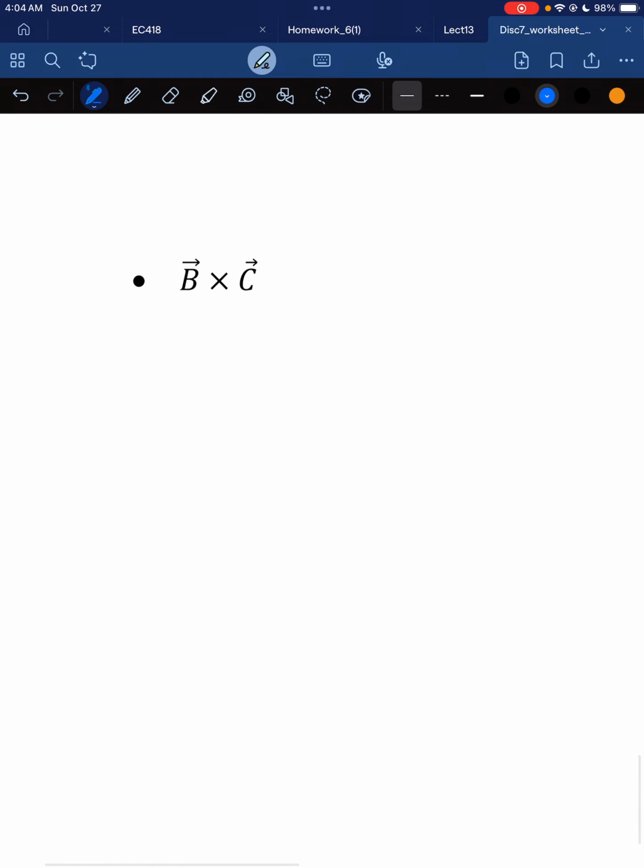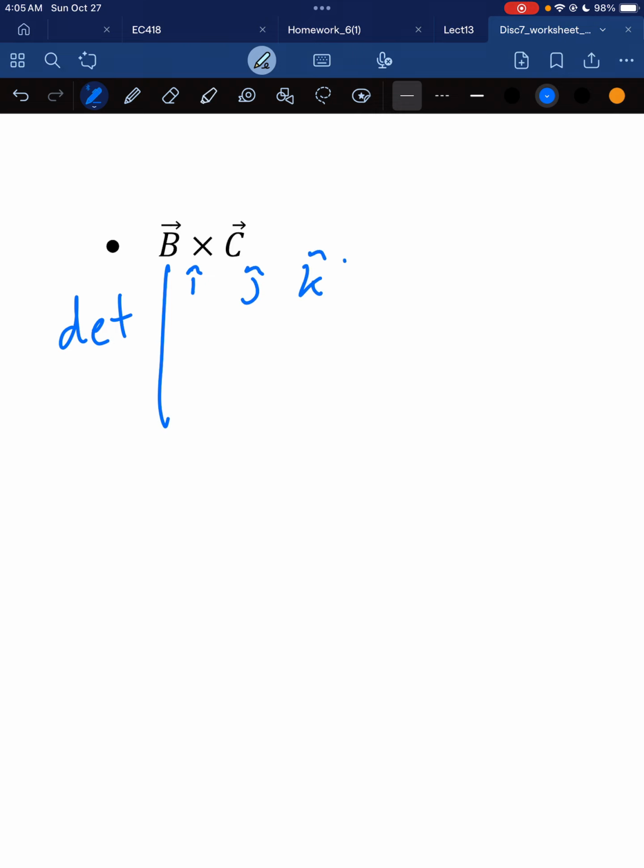For B cross C, we're again going to take the determinant of our 3x3 matrix. Our top row is always the i hat, j hat, and k hat unit vectors. Our second row is going to be the components of the B vector, which is 2, 1, and -1. And our third row is going to be the components of our C vector, which is -5, -3, and 1.